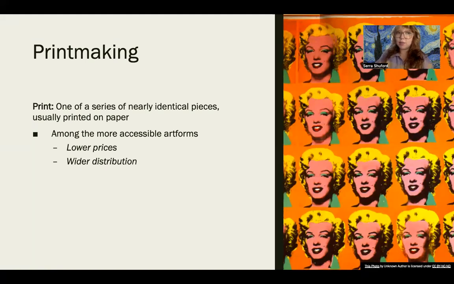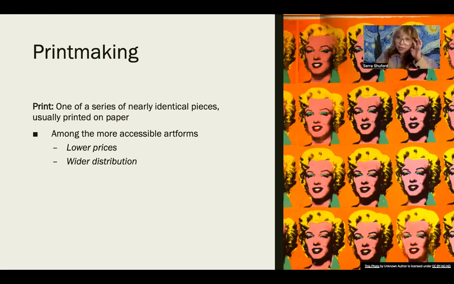So just to get some basic vocabulary out of the way, a print is the name for one of a series of nearly identical pieces, usually printed on paper. This is one of the most accessible forms of art because of its lower price, and it has a wider distribution possibility as well. Essentially, what we're looking at with printmaking is not an individual work, but a set of works that are made from the same thing.